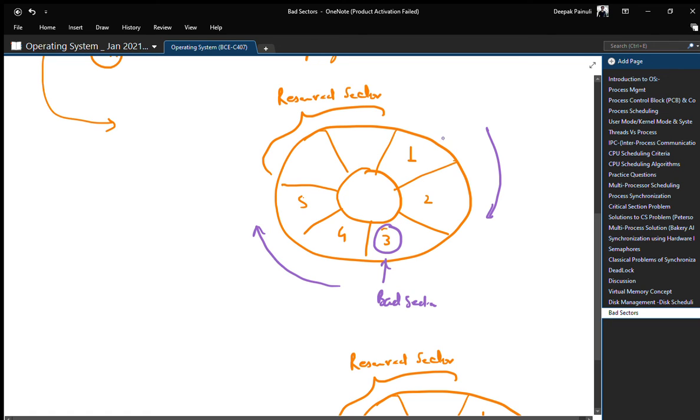So 1 is not a bad sector, it will remain here. 2 remains here. We will unindex this sector and put sector number 3 here, sector number 4 here, and sector number 5 here, which is the reserved area, right?